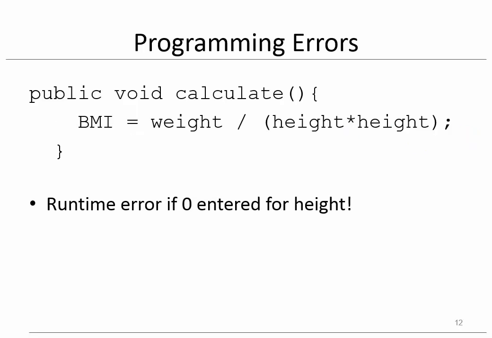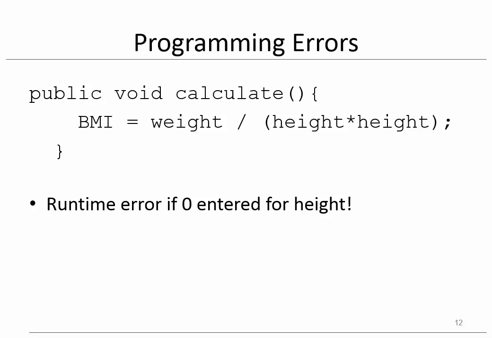A runtime error is an error which occurs during runtime. That means as you execute your program. Again, we have the example of the calculate method, which calculates the BMI as the weight divided by the height times the height.